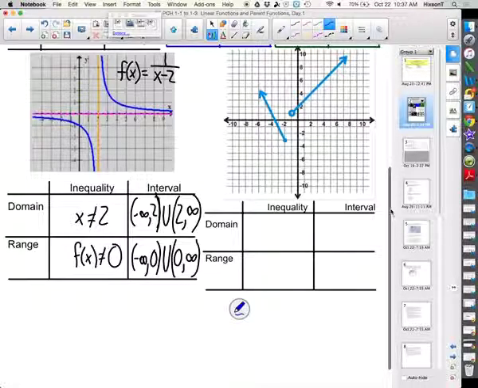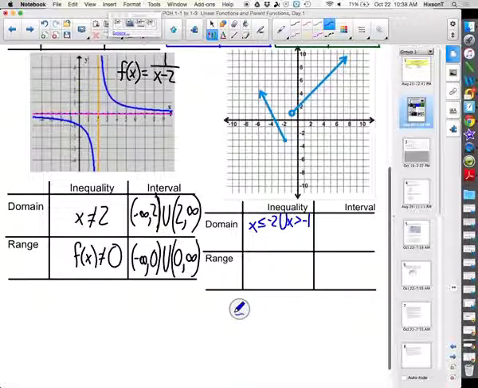For our domain, what's our domain here? X is all real numbers except for... So X is less than or equal to -2, okay, and then X is greater than -1.